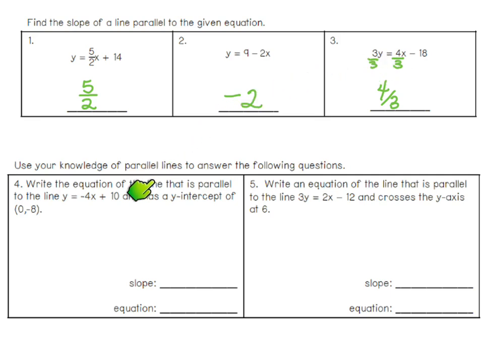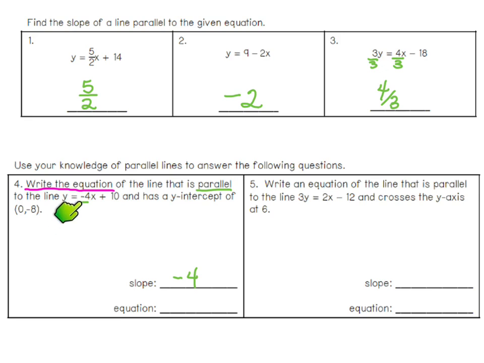So moving down here, use your knowledge of parallel lines to answer these questions. Write the equation. Okay, so here's a blast from the past. Write the equation. That should bring up some memories. And those memories are, who are you going to call? Yep, that's the box. And so we have a line that has a slope of -4.